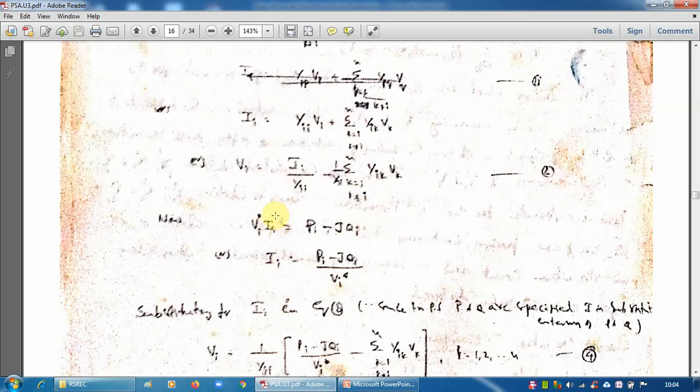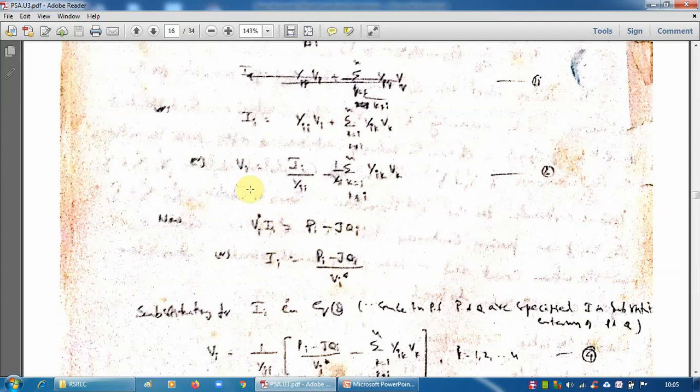Now we know that Vi conjugate into Ii, or V conjugate I, is the complex power. Complex power equals V into I conjugate, or V conjugate into I. If it is V conjugate into I, its terms will be the real term and the imaginary term, P minus jQ. So this is nothing but the complex power expression. This is known. And from this, Ii is this.